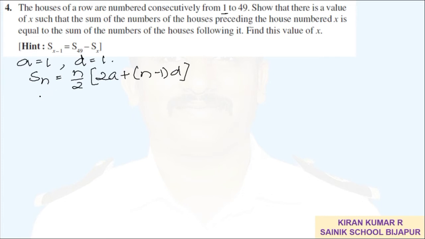So sum of the number of houses preceding the house numbered x will be equal to the sum of the number of houses following it. It means sum of x minus 1 preceding will be equal to S49 minus Sx.